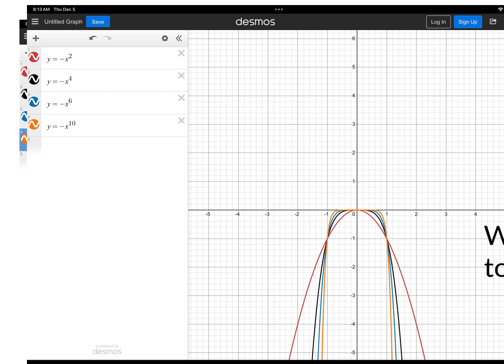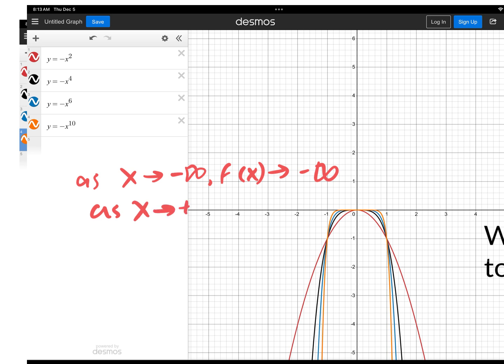So what would the end behavior right here be? You would say as x approaches negative infinity, f of x approaches what? Negative infinity. As x approaches positive infinity, then f of x approaches what? Negative infinity as well. Okay.